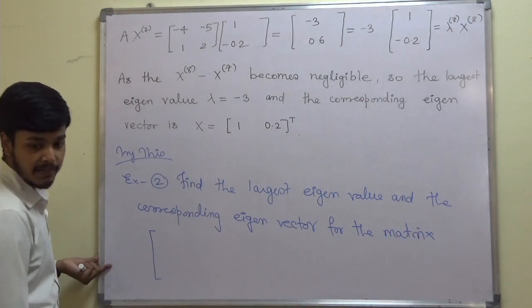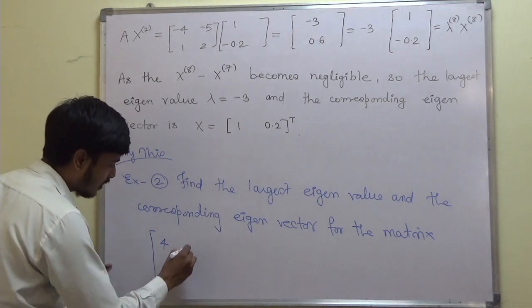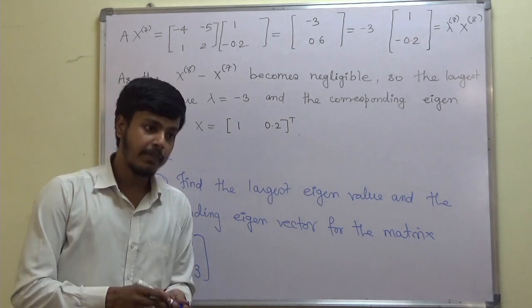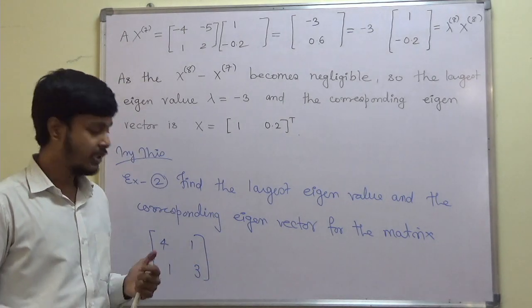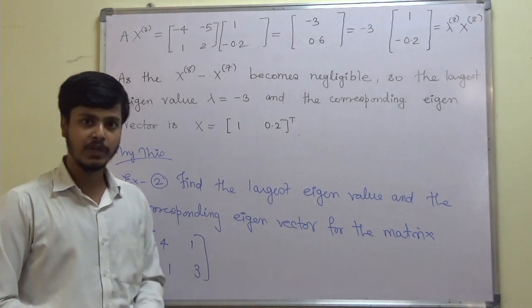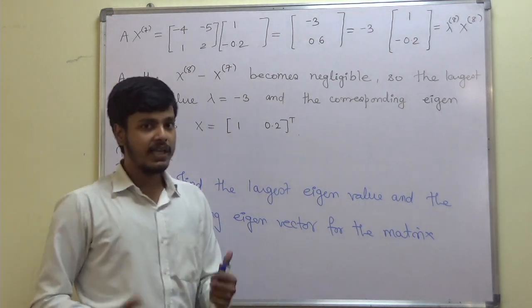Let me write down this matrix [4 1; 1 3]. So we have this matrix and you have to apply the same method to get the largest eigenvalue and eigenvector for this problem.